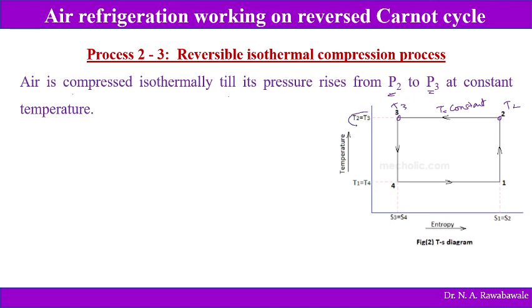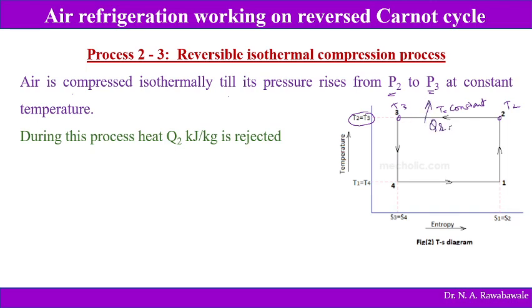Now during this process heat is rejected. Just as we have seen, QR we have written, that is QR is nothing but Q2, amount of heat rejected. During this process heat Q2 kilojoules per kg is rejected to surrounding.